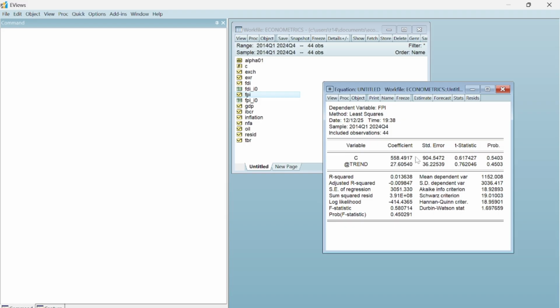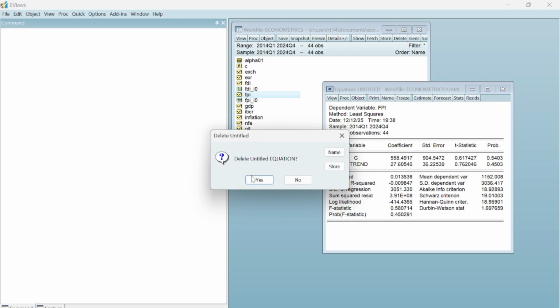So most times you can just do your intercept, analyze your work using FPI at intercept, and you get your result. It's telling you that FPI doesn't have a particular trend, which is probably why it was stationary at level.